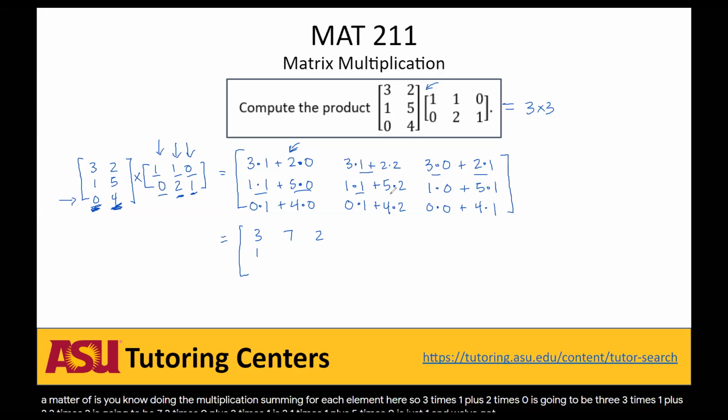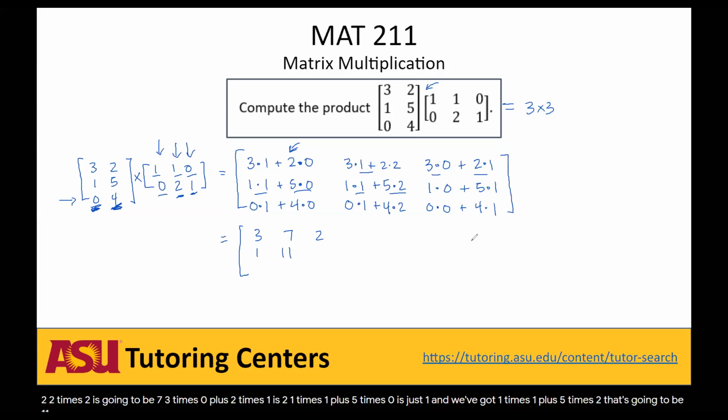And we've got 1 times 1 plus 5 times 2, that's going to be 11. 1 times 0 plus 5 times 1, that'll be 5. 0 times 1 plus 4 times 0, well, that's just 0. And then we've got 8 and 4.